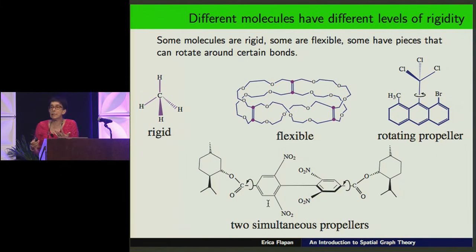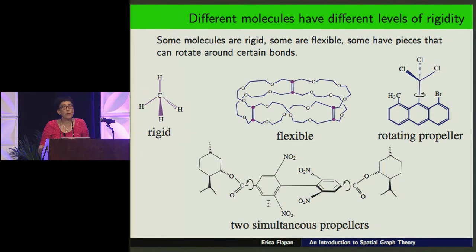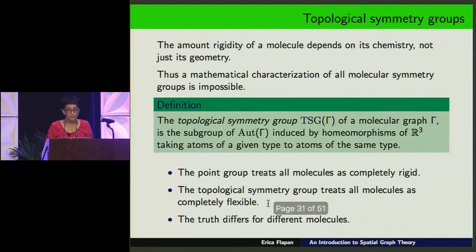So what this is telling us is that we can't have a mathematical theory of the molecular symmetry group because we need to know how flexible the molecule is. We can't just look at it as a graph in space and immediately say what the symmetries are.